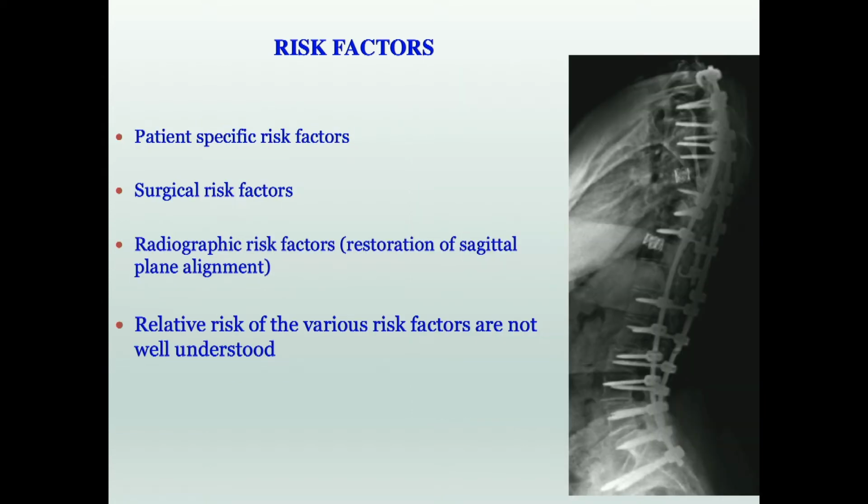Using all the different reported risk factors, we can group them into patient-specific risk factors, surgical risk factors, and radiographic risk factors, but we still truly don't understand how significantly these various risk factors contribute to PJK. So we know it's a multifactorial problem.